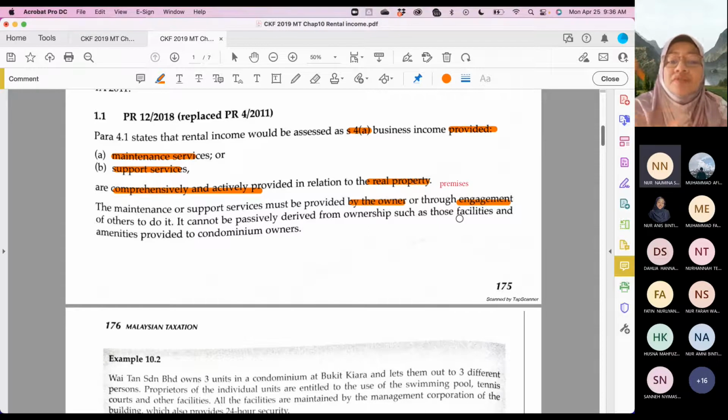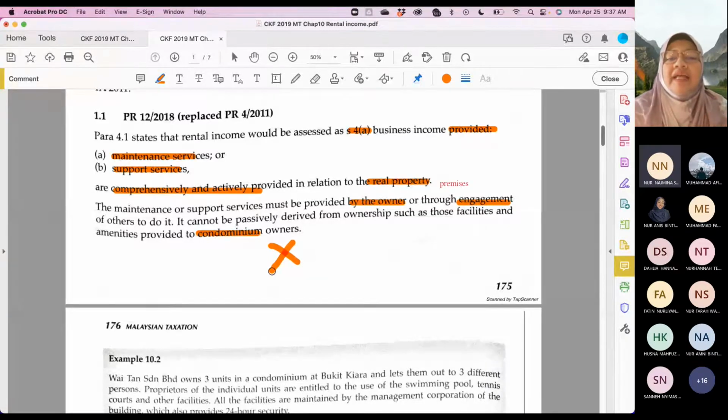So in that case, if you have a property with rental income and the property is a condominium, it will never become section 4A. Whenever you have a condominium property rented out, the rental will always be under section 4D.